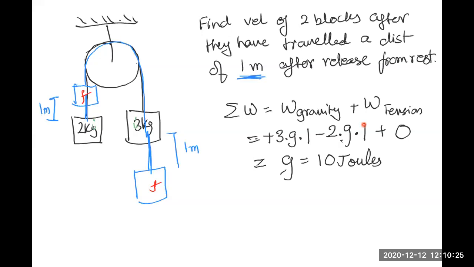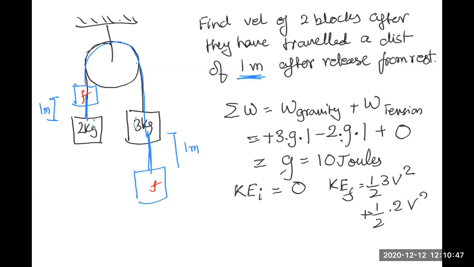So we get initial kinetic energy of the system, kinetic energy initial, this is equal to 0. Kinetic energy final is equal to half mv square plus half mv square. Now please understand that I know that the velocity of this guy and this guy will be same.